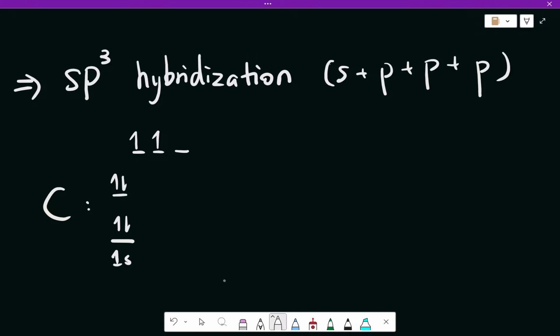So if we want to combine the 2s orbital and 3 p orbitals, we would combine these 4. And the hybridized orbitals would be somewhere in between the s and p orbitals. But since we have more p orbitals involved in the hybridization, these 4 hybridized bond orbitals will be closer to the p.